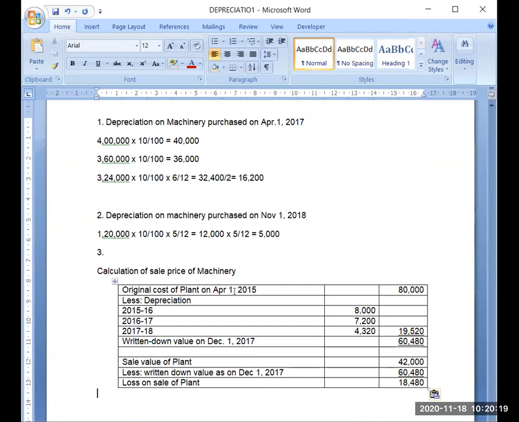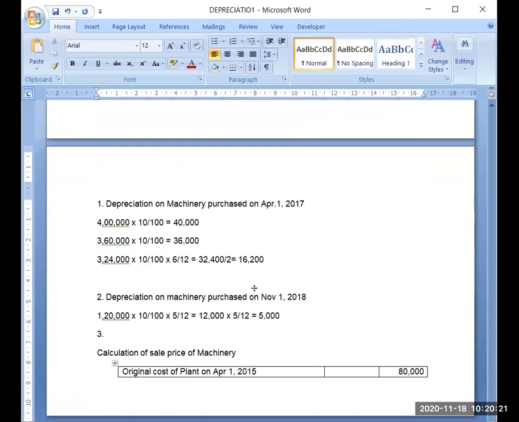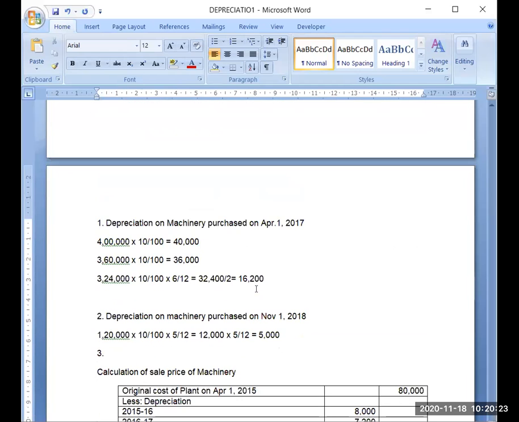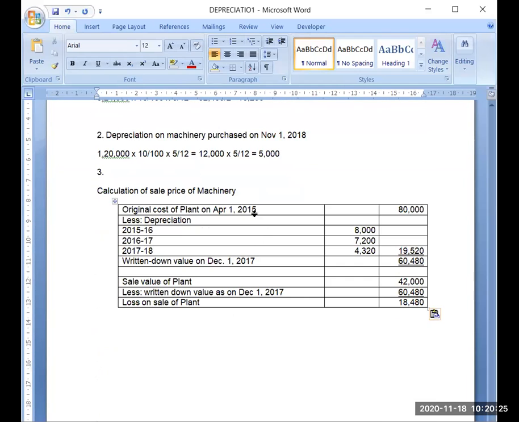So original cost of plant on April 1, 2017 was 4 lakh.